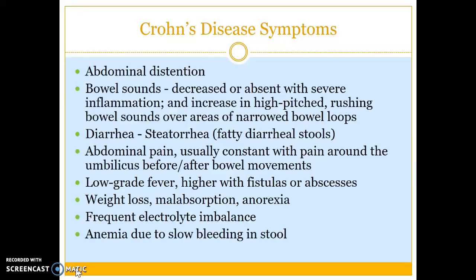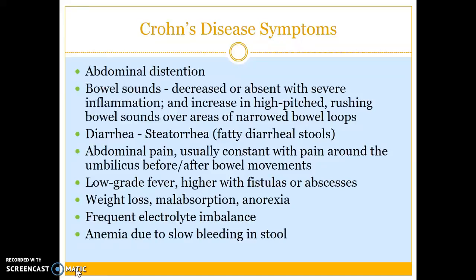Because the small intestine is affected with Crohn's disease instead of ulcerative colitis, there is much more risk of malabsorption of nutrients with Crohn's disease, and anorexia, also because of the other reasons we've already talked about. They frequently have electrolyte imbalances because the whole GI tract can be affected.